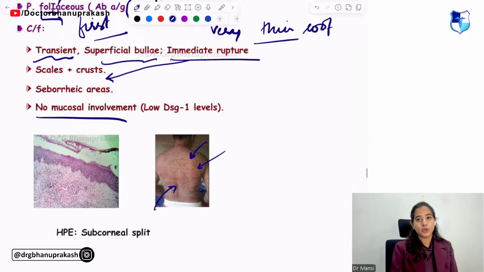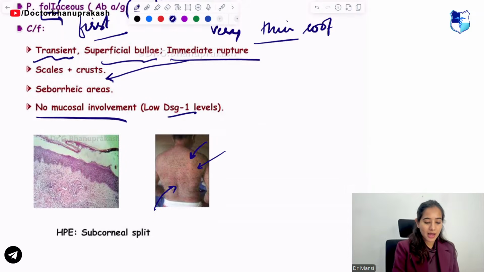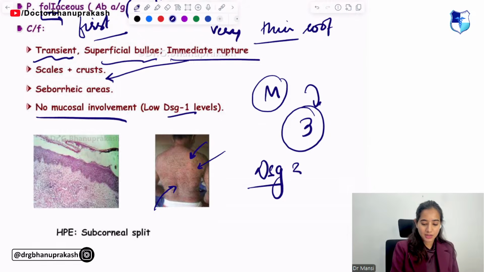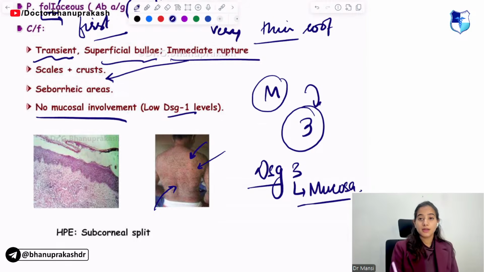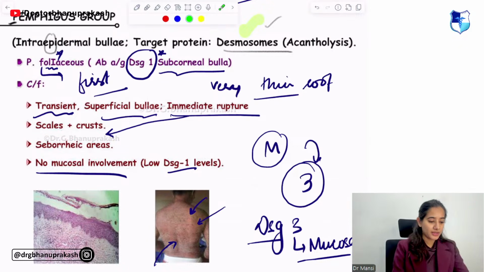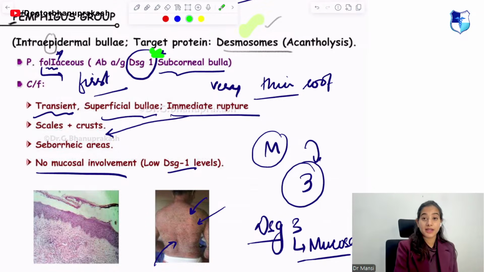And I hope you remember that M, you just rotate M and it becomes 3. So desmoglein 3 is involved in the mucosa. But here, in the first one, the desmoglein involved is desmoglein 1.